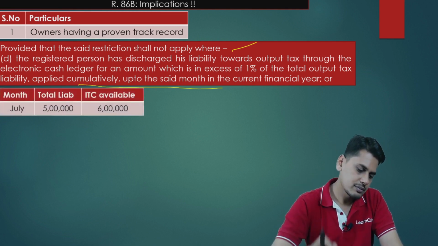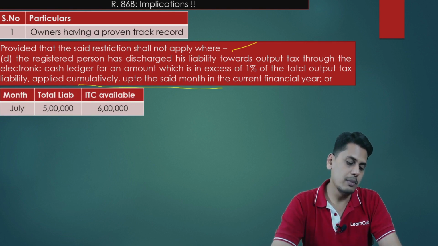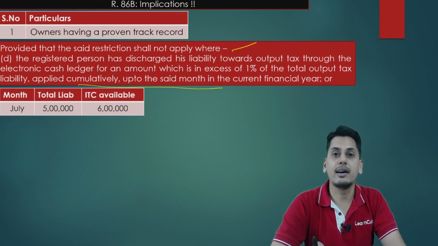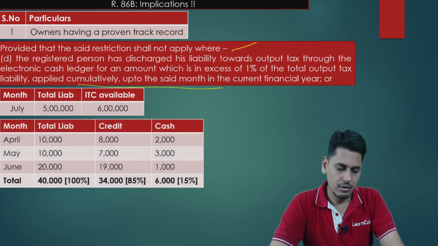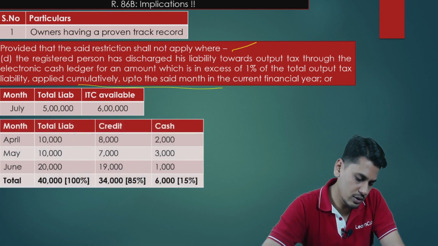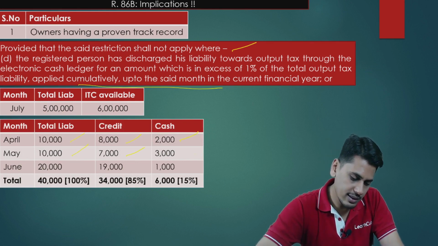Let's say for the month of July, the total liability is 5 lakhs, input tax credit available is 6 lakhs. The history is given. For the month of April, total liability was 10,000, credit was 8,000, paid from cash is 2,000. May 10,000, 7,000, 3,000. For June it is 20,000, credit 19,000, cash 1,000.